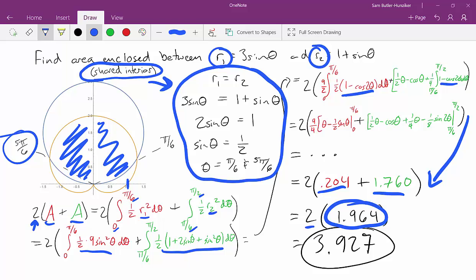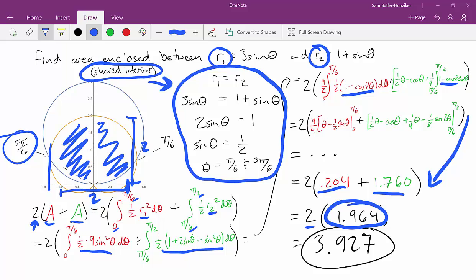Again, we go out a little bit past 1 on the x-axis on both sides, so it's about a distance of 2 times 2, or roughly an area of 4. So our answer again makes sense.